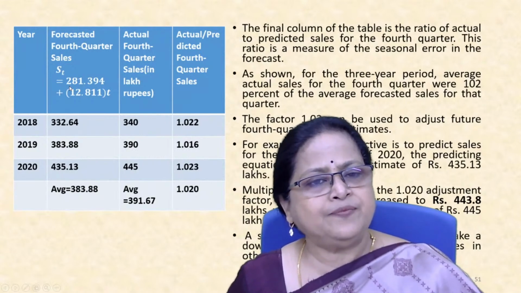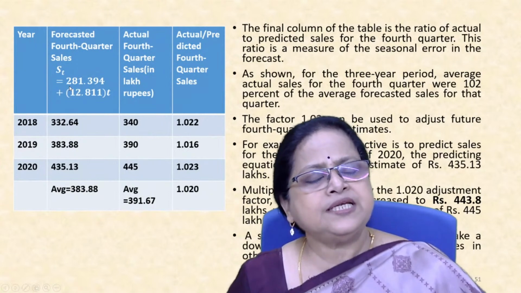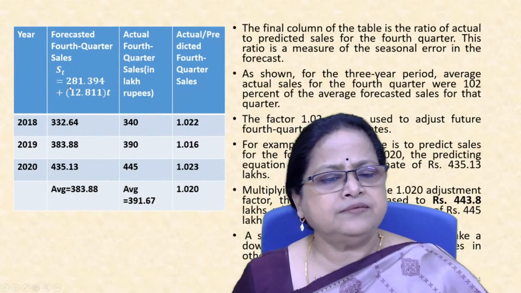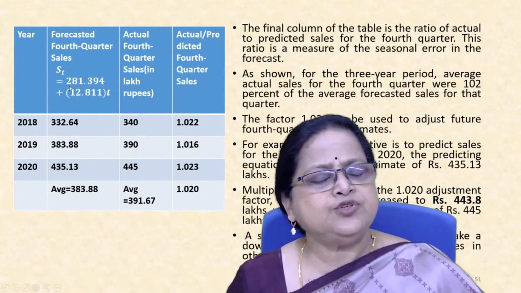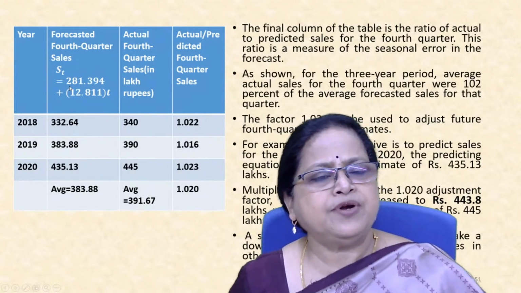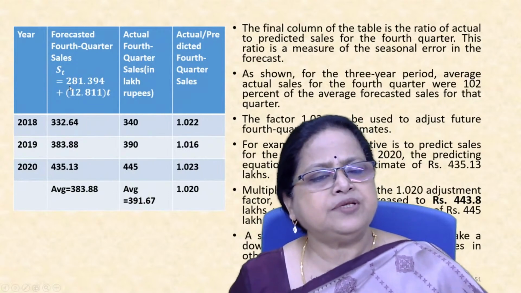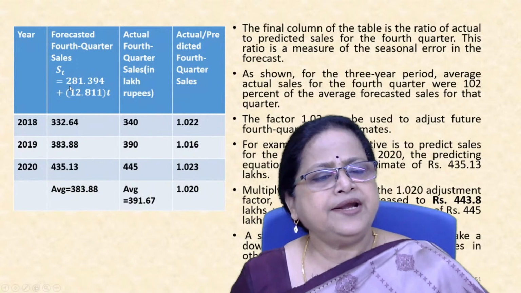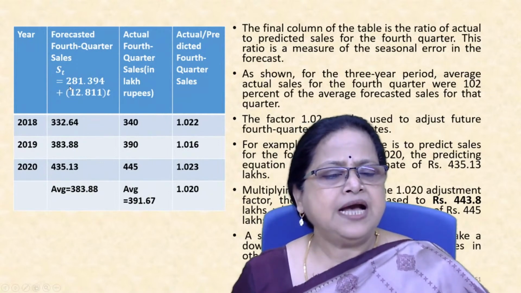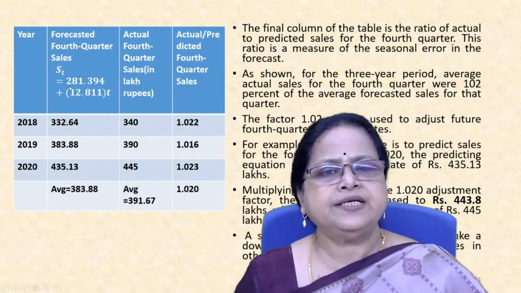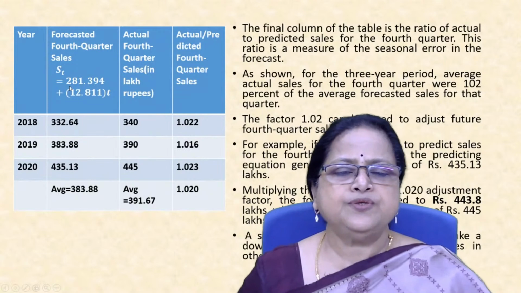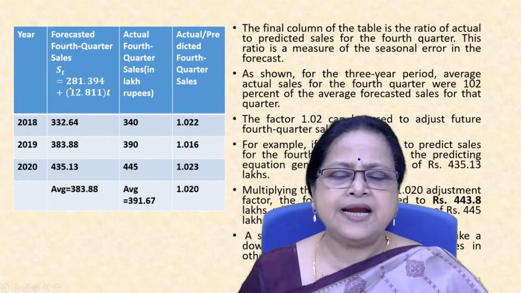Average is 391.67. But the forecasting, depending on the estimated value, we discussed earlier: ST is equal to 281.394 plus 12.811T, and estimated values are 332.64, 383.88, 435.13. Average is 383.88. Actual divided by predicted fourth quarter sale is 1.022, 1.016, and so on.